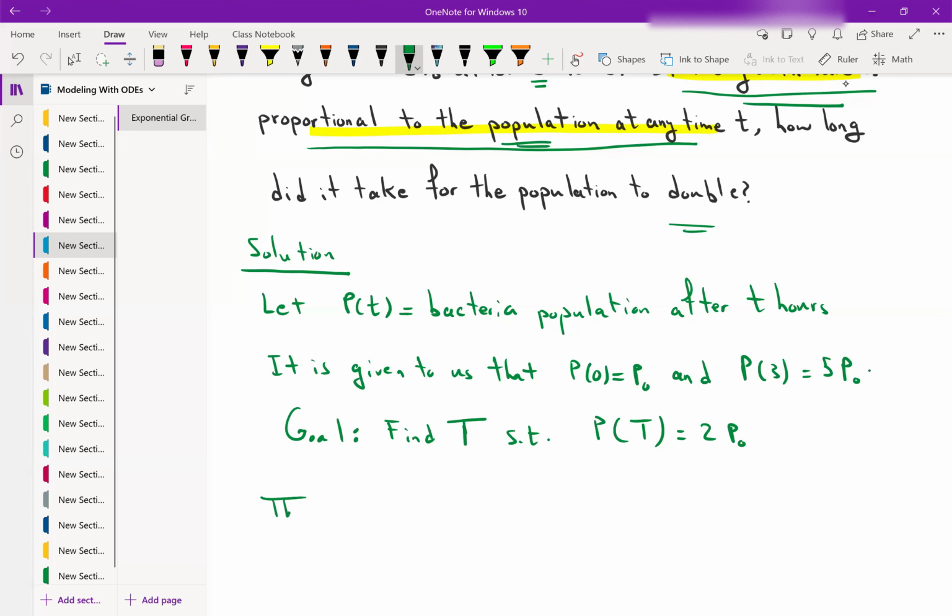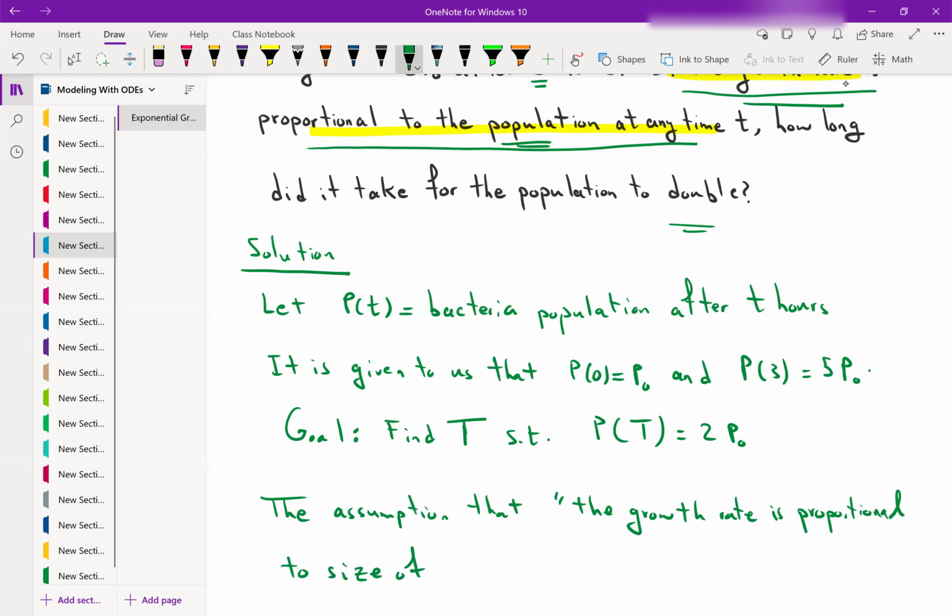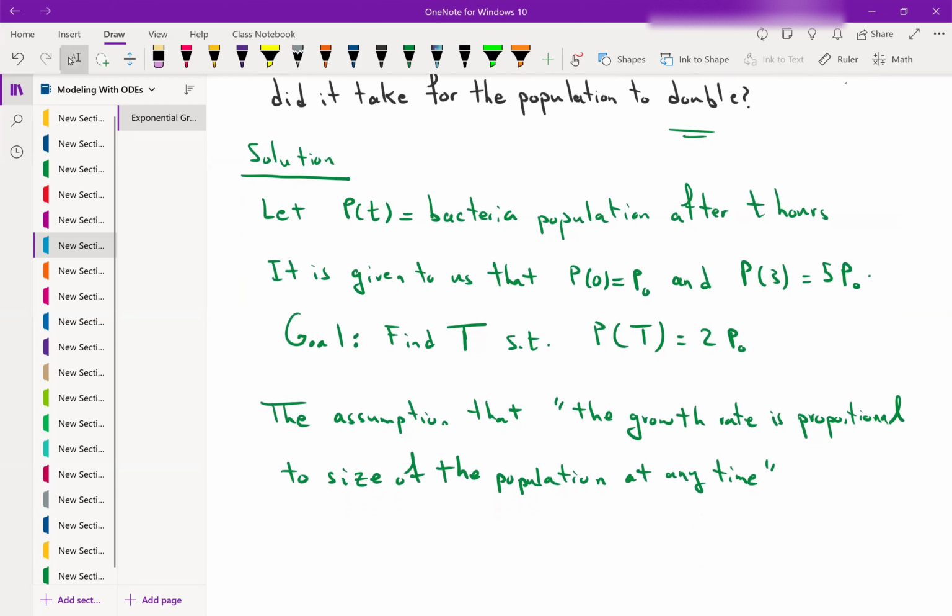The assumption that the growth rate is proportional to the current value of the population, to the size of the population at any time, immediately tells us what the governing differential equation is, based on, again, that key interpretation of derivative with respect to time.